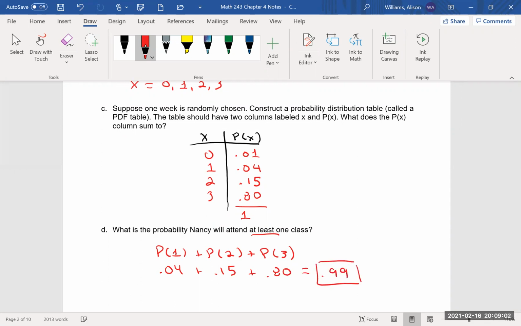So there's a 99% chance that she's going to attend at least one class, and it makes sense. We could also think of that as the complement of the one case that wasn't considered, which was 0, that she attended no classes. There's only a 1% chance that's going to happen, so it makes sense that it comes out to 99%.